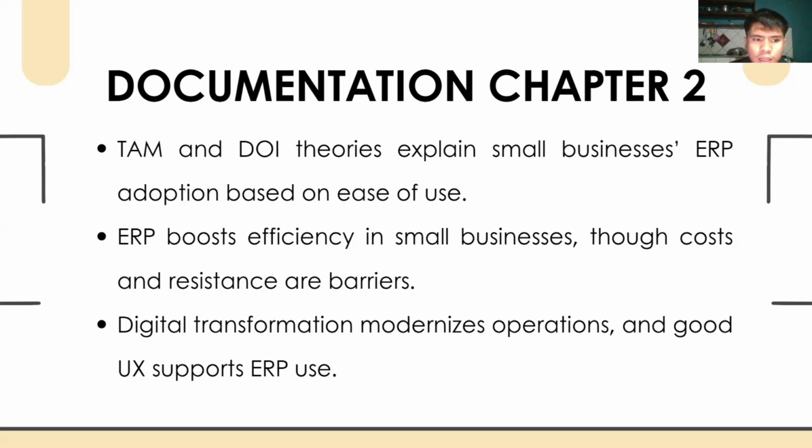ERP boosts efficiency in small businesses, while cost and resistance are barriers based on our draft outline. One of the key terms is digital transformation, modernized operation, and good user support for ERP use, which helps the employees utilize the ERP system.